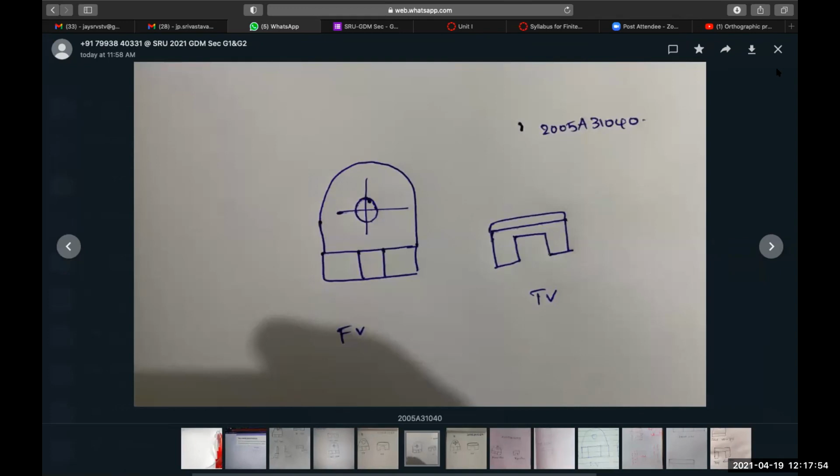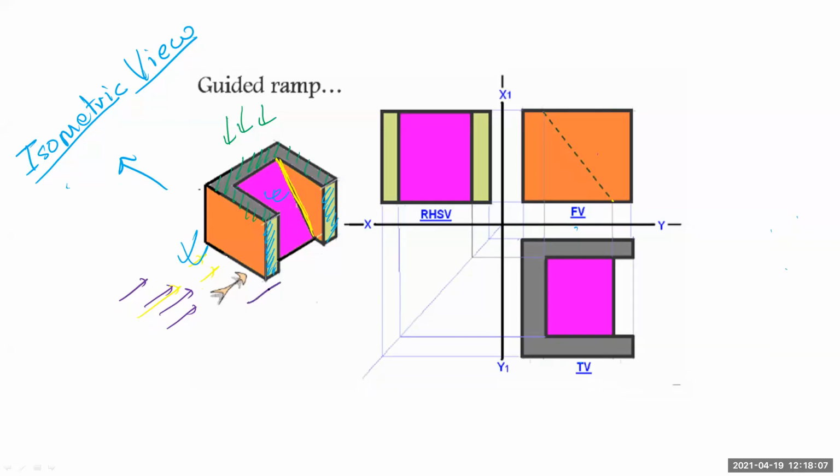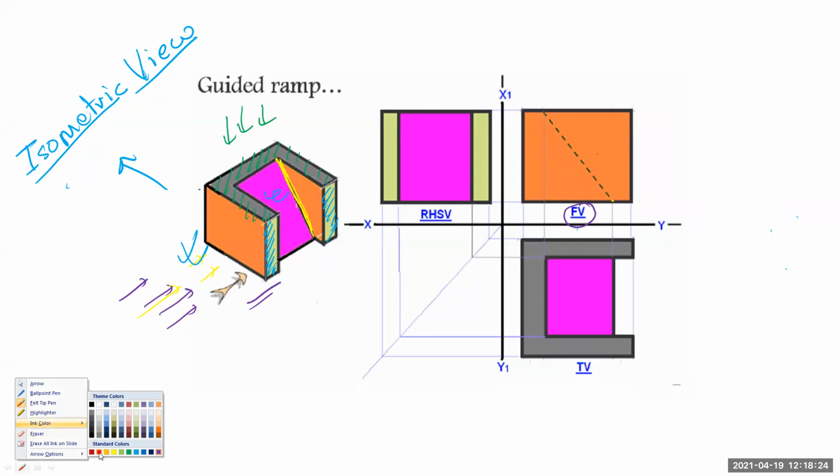So let me come back to my slide. Here, if this 3D component or any machine component is given to you, how do you draw it? There are certain rules. You cannot draw the front view at one location and the top view anywhere on your page.